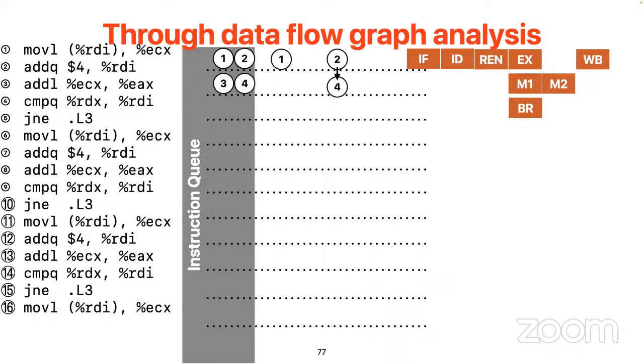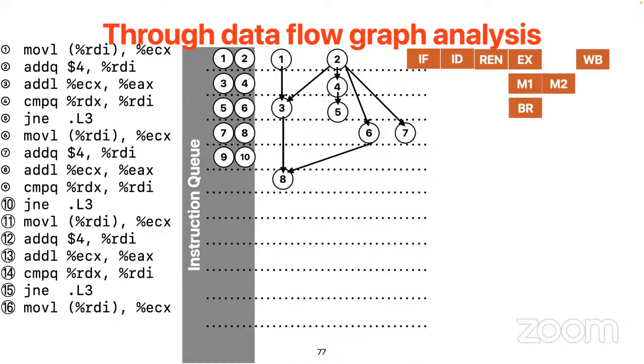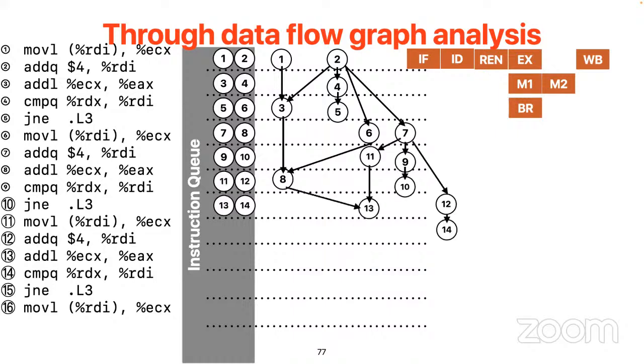Also, it can still use the data flow graph analysis, as we previously mentioned in class, because that's the basic idea of how we execute instructions in a dynamic out-of-order execution pipeline.